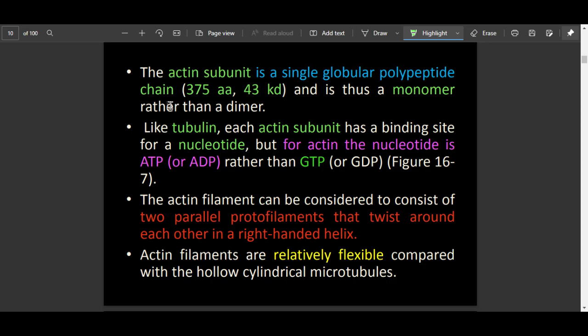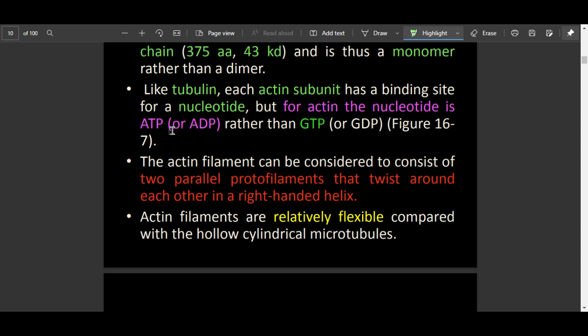Both tubulin and actin have a binding site for a nucleotide, but for actin, the nucleotide is ATP.